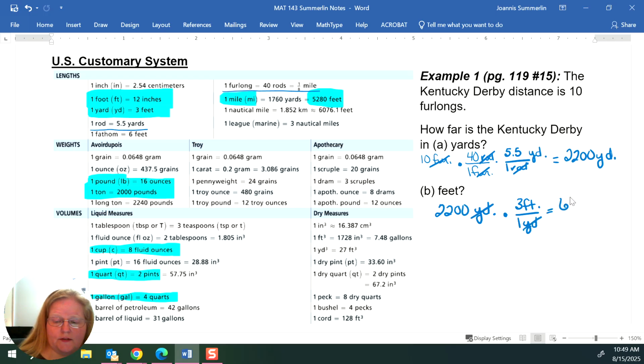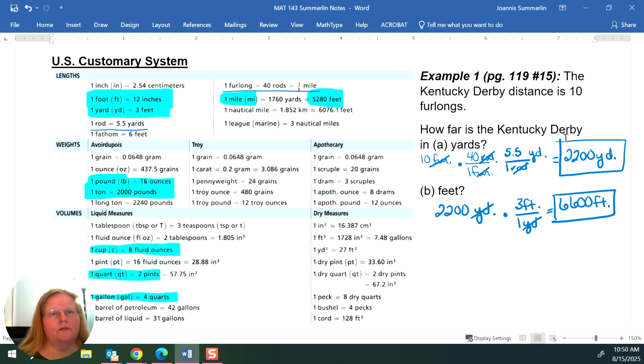So that's 6,600 feet. Ta-da! Nothing different, just using facts that they give us instead of facts that we already know. That's the only difference.